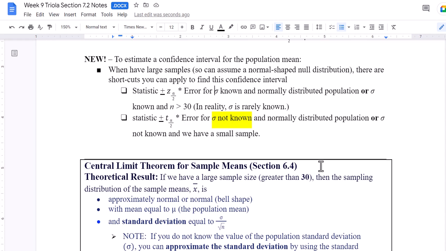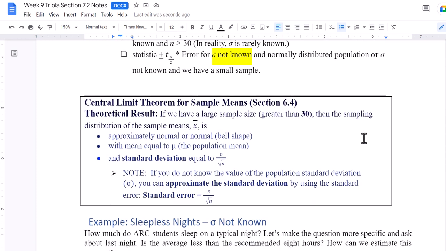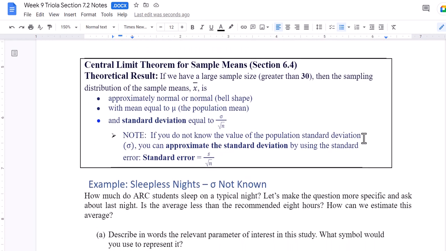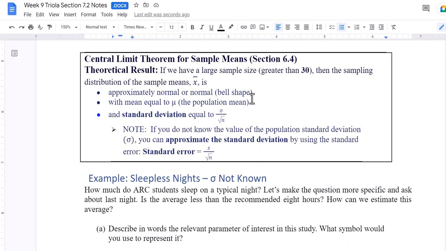Just to remind ourselves, the central limit theorem for sample means says that if you have samples that are greater than 30, or your sample comes from a population that is already approximately normal, then the standard deviation is equal to the population standard deviation divided by the square root of n.